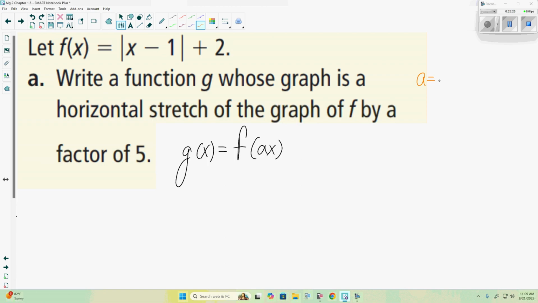So the number we plug in is going to be 1/5. We have to flip it. We have to put it as 1 over whatever the amount they gave us for the stretch or shrink is. So for us here, we have f of 1/5 x. Because we plug that value of a in, that 1 over the amount that we're stretching or shrinking.